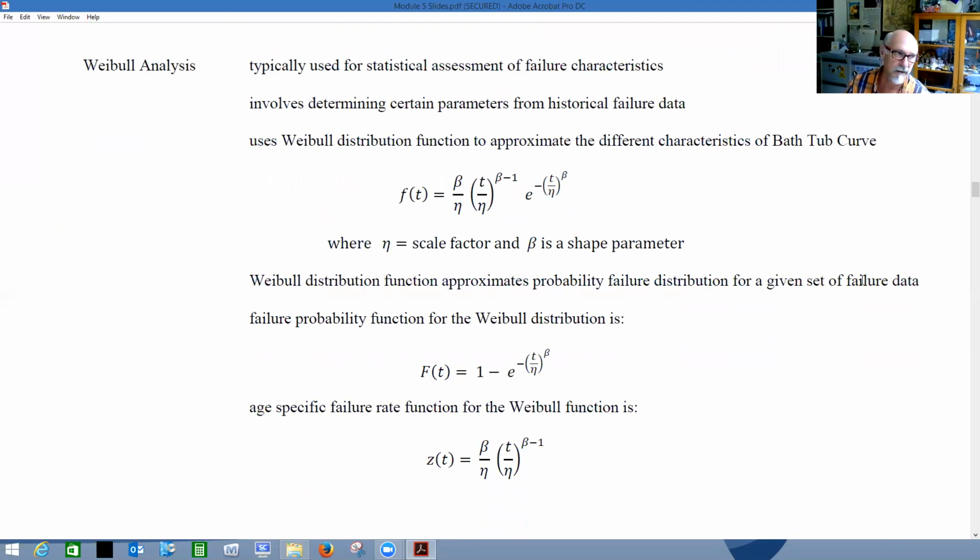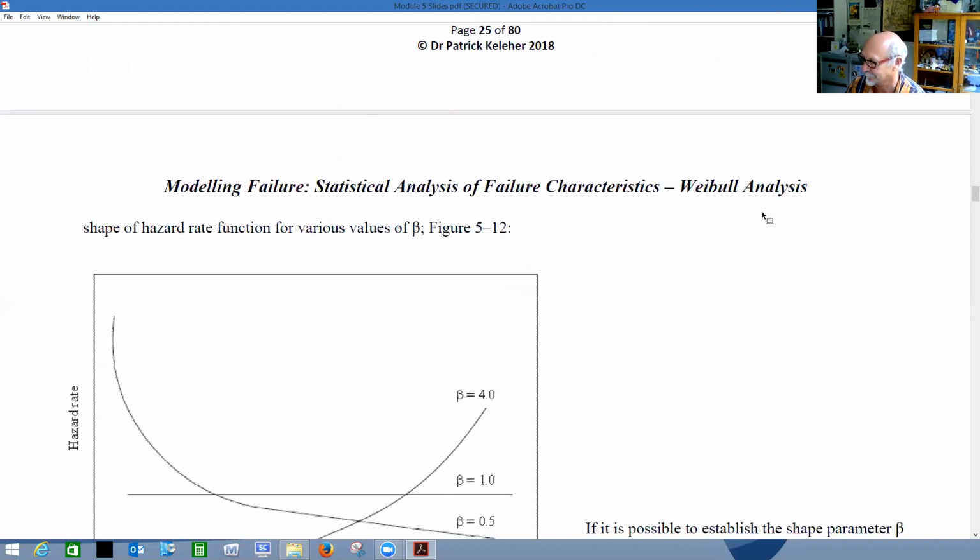So if you have a lot more failure data, this is going to give you better approximations, or better predictions and estimates, of fail rates. The fail probability function is given by that, and then the age specific is given by that. So that's the f(t) and z(t) curve definition that came above, and for that particular distribution we were able to calculate those using those expressions.